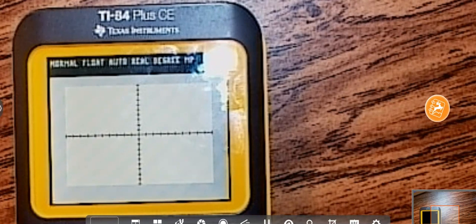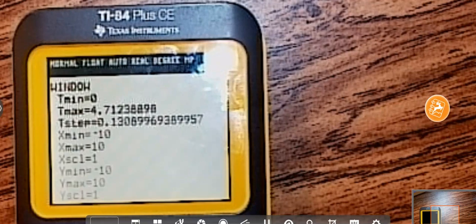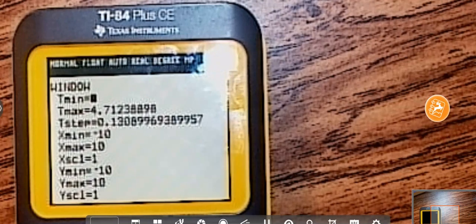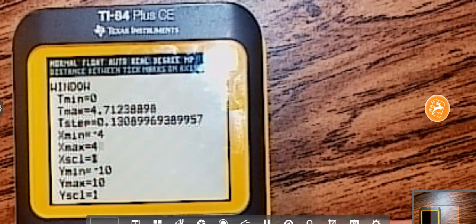Why is it taking forever to graph? Well, I don't get that. Window. Are you guys getting a nice picture? Okay, well, maybe I need to change something here. Let me go with my T-step. Is my T-step too small?